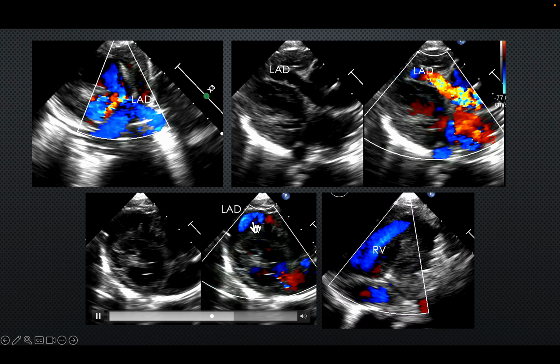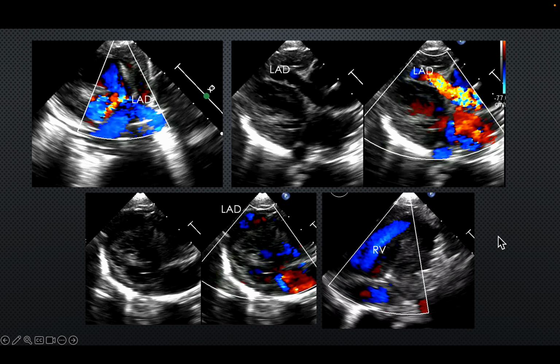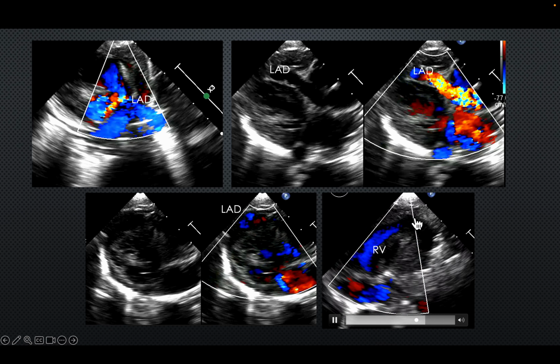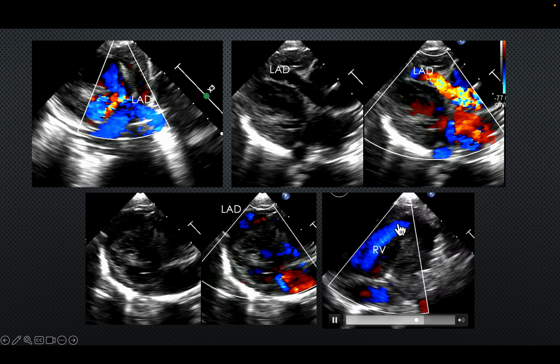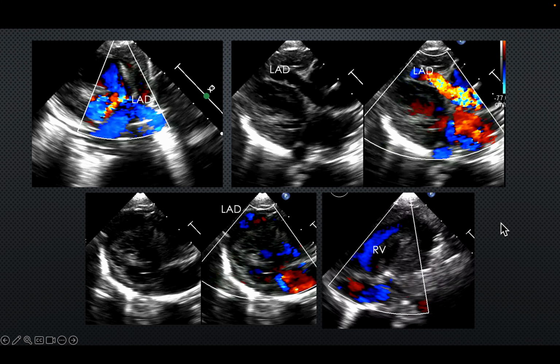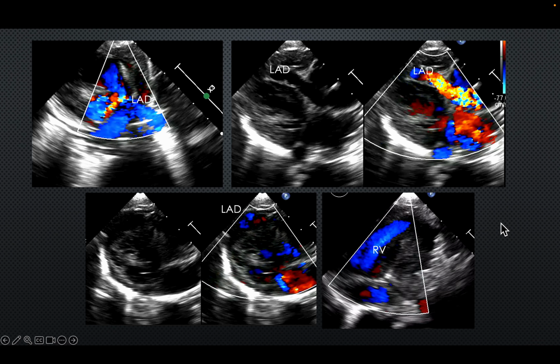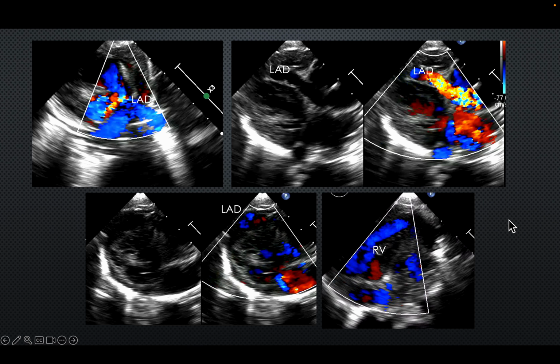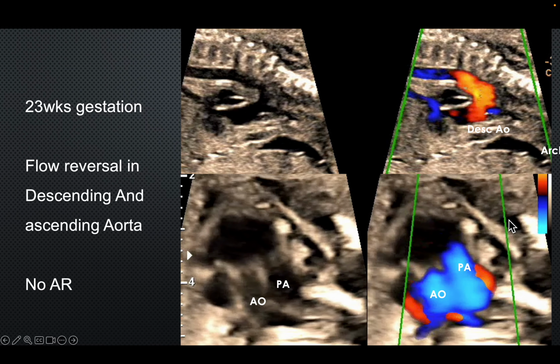It's opening into the right ventricle, and the next view shows the coronary artery fistula with a wide mouth, no obstruction to the flow, entering into the right ventricle. So this was a patient with a very large left coronary to right ventricular cameral fistula.